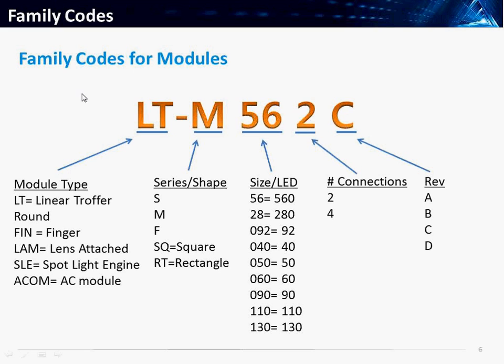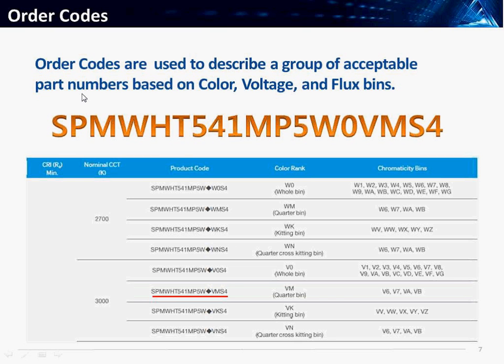For our modules versus our packages, the order code is actually how the customer places their order. The order code describes a group of acceptable part numbers from color, voltage, or flux bin. So an example I have here, I pulled this part number right off the data sheet, and that's the best place to find your order codes.